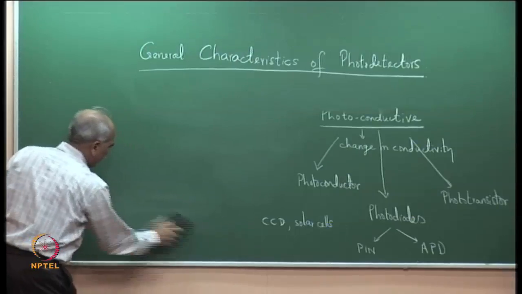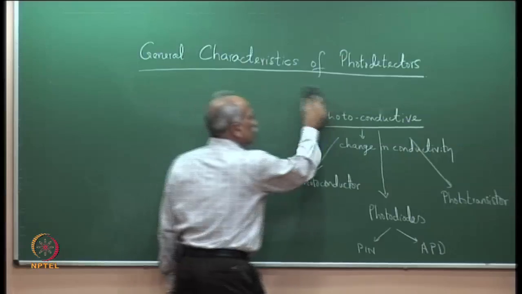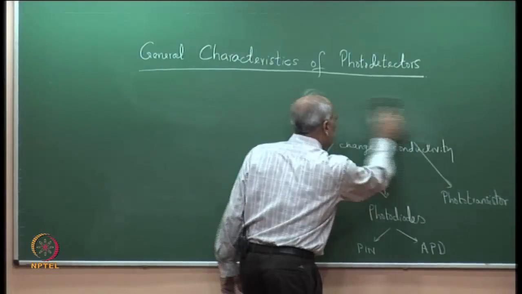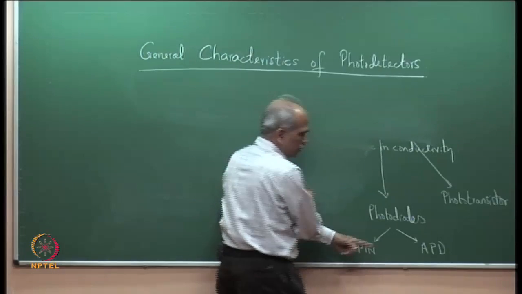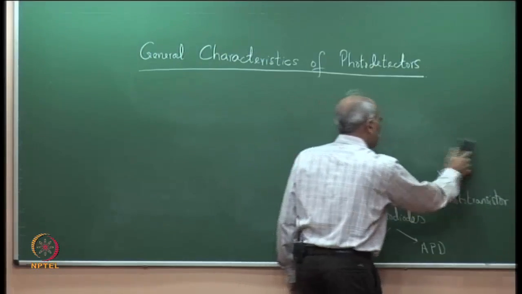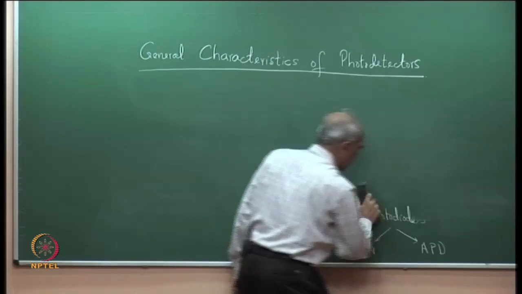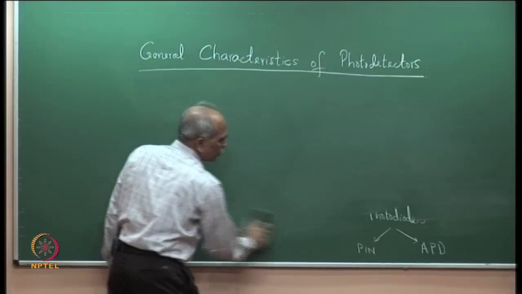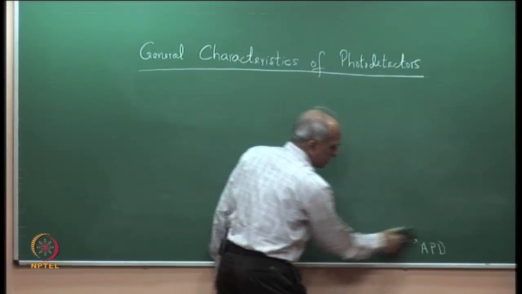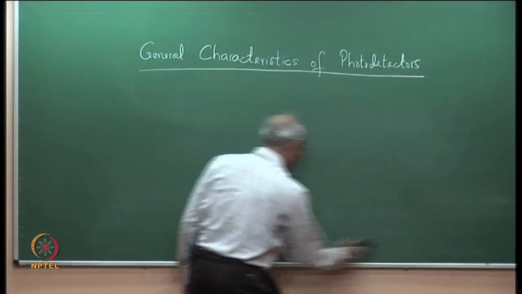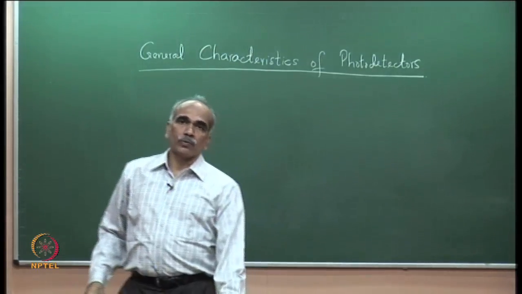Some of the detectors have gain. We will see these as we go further. The most important detectors used in communication are PIN diodes and APDs. The material issues are similar, and we will recall the materials and the absorption of these materials. So, general characteristics of photodiodes.